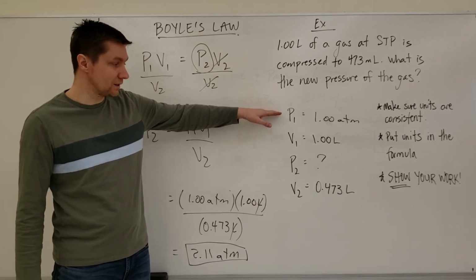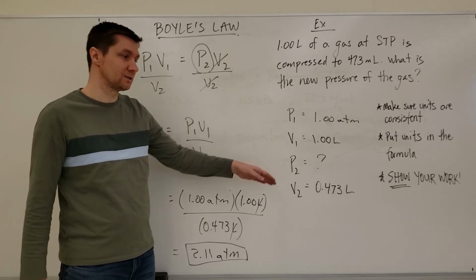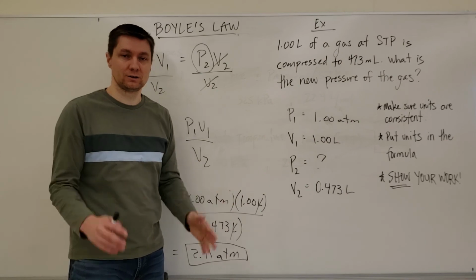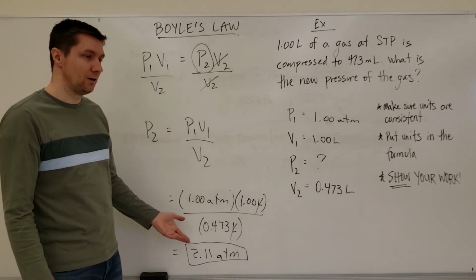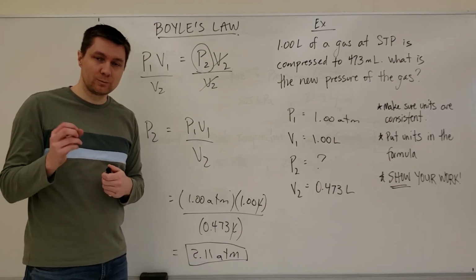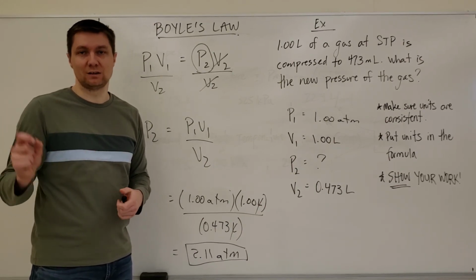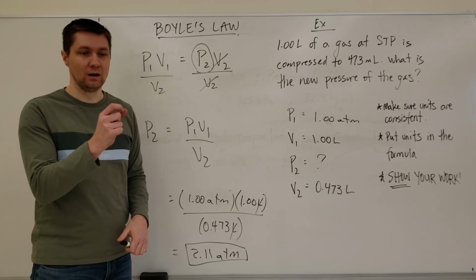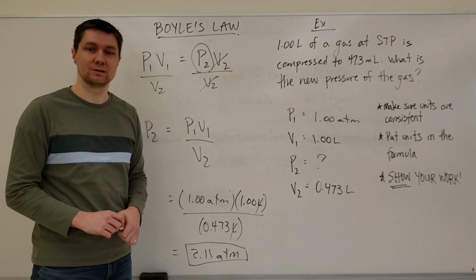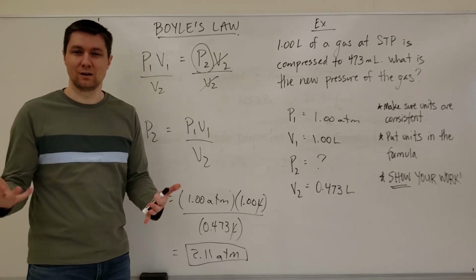If I have kilopascals here, my answer is going to punch out as kilopascals. You could have milliliters and milliliters. It's okay as long as the units are consistent. On a test or an assessment that I might give, if I want a particular set of units, I will state that clearly in the question, where I will say, express your answer in atmospheres, or express your answer in kilopascals. So there's no guessing there for you.